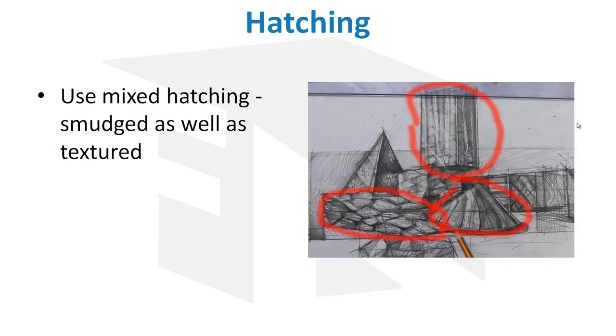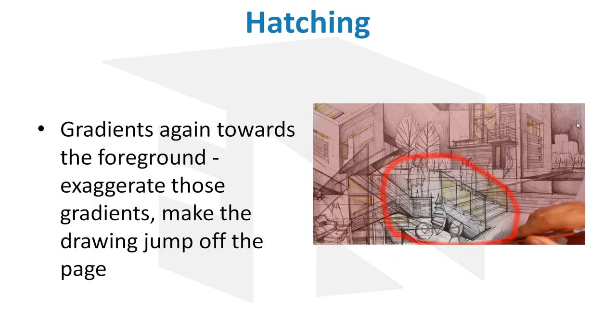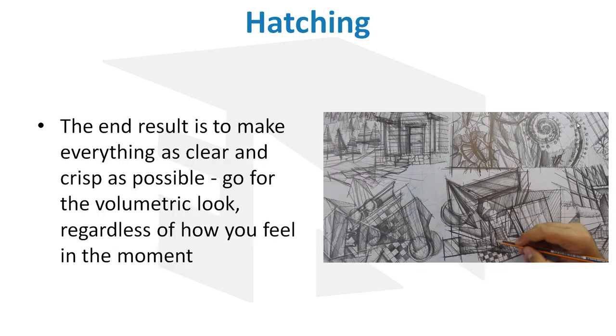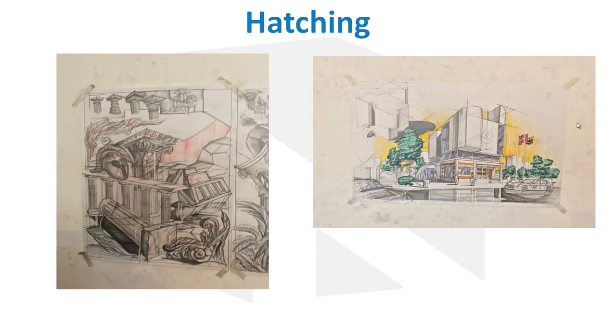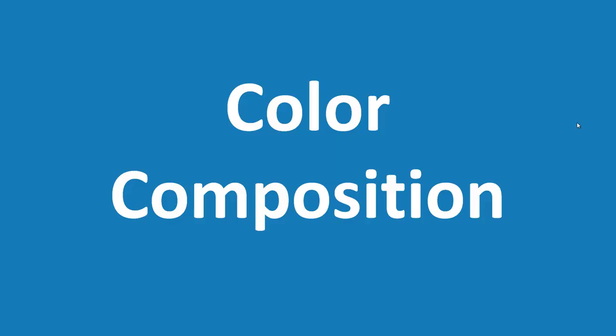For hatching you need to use mixed hatching, smudged mixed with textured hatching, gradients towards the foreground so the drawing jumps off the page, and again, hatching complements the line drawing. You need to have that clear and crisp line drawing, right? You need to use the graphic techniques that we will discuss in a future lecture, right?